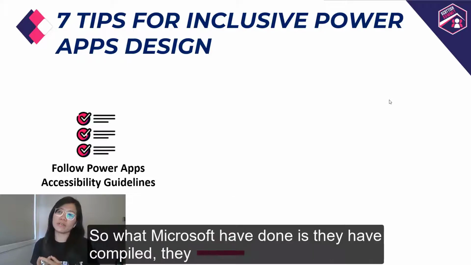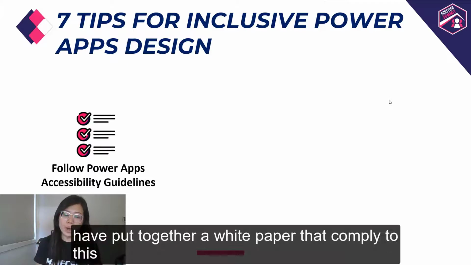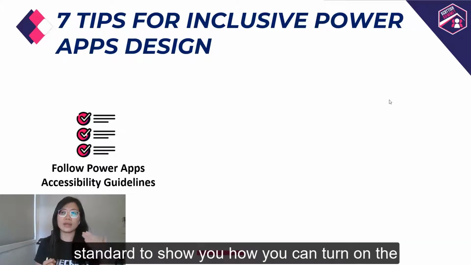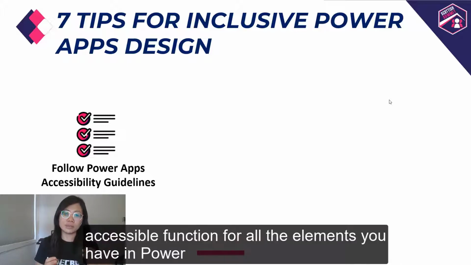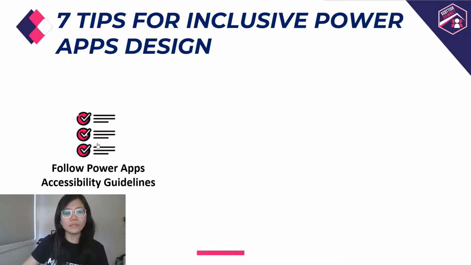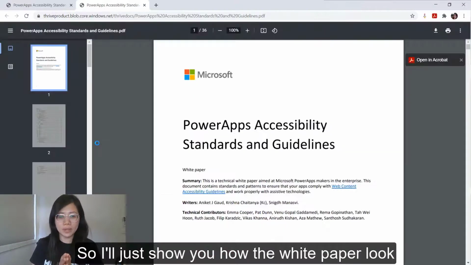So what Microsoft has done is put together a white paper that complies with this standard to show you how you can turn on the accessible function for all the elements you have in Power Apps. I'll just show you how the white paper looks.